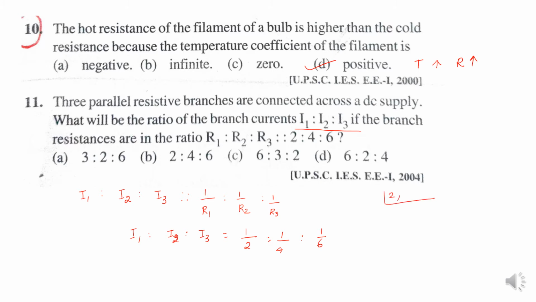So 2, 4, 6, so 1, 2 and 3. So 12 is the LCM. What I have to do? I have to multiply 1 by 2 into 12, is to 1 by 4 into 12, is to 1 by 6 into 12. So what is the ratio now? That is 6 is to 3 is to 2. So this is the ratio.